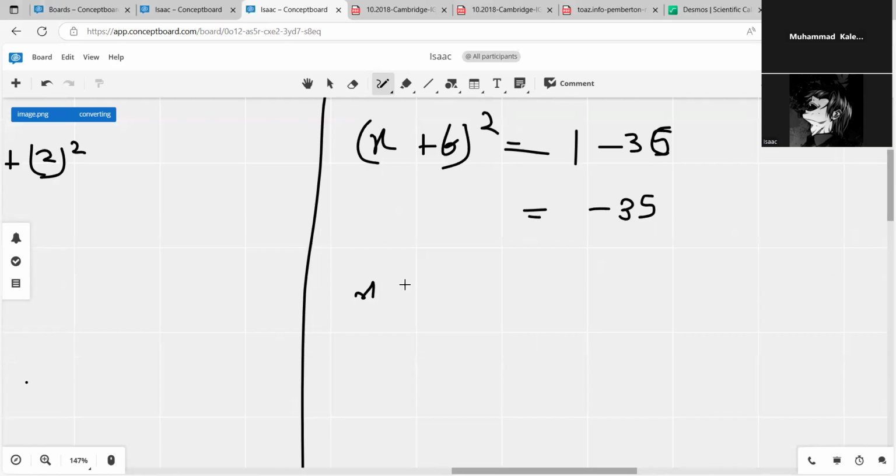The calculator will not calculate the answer for this one, okay? Because it will not be a real number, it will be a complex number. So you just have to write it in root form.